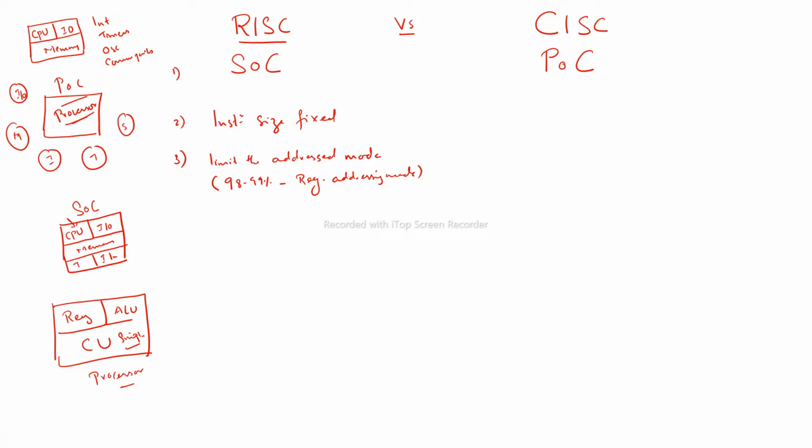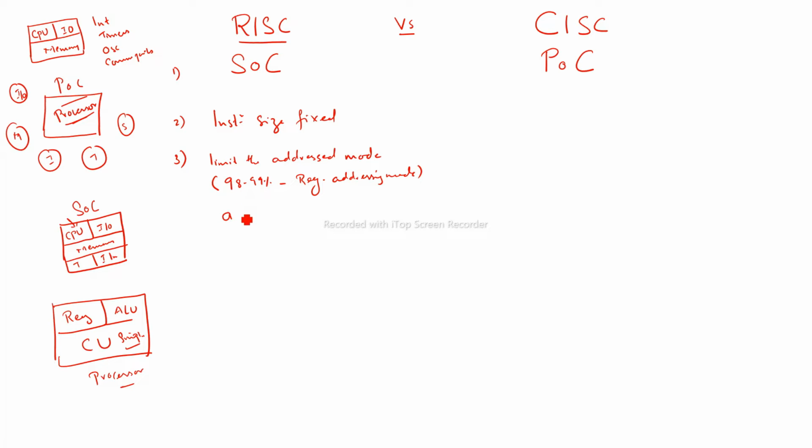Once we limit the addressing modes, we have only a few instructions, that is, a reduced number of instructions. It means that we are not going to reduce the functionality.